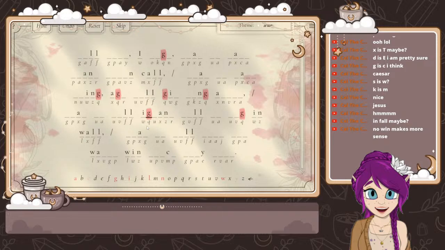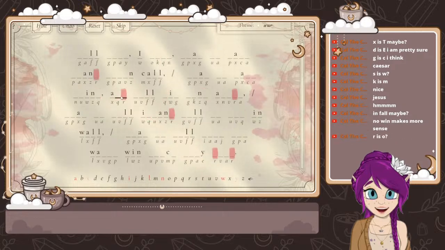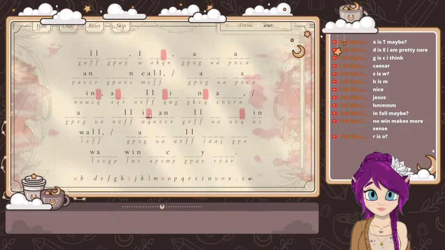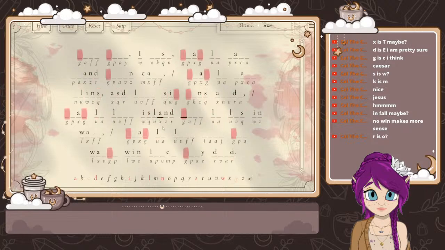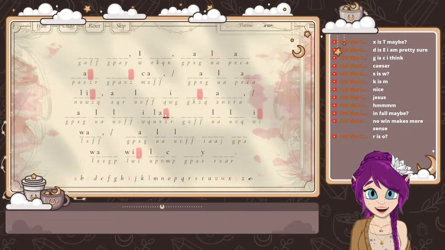Yeah, I think this is wrong. Because that one doesn't make any sense. Should I make this one and? Island? Yeah, no, that's it. It's not island.